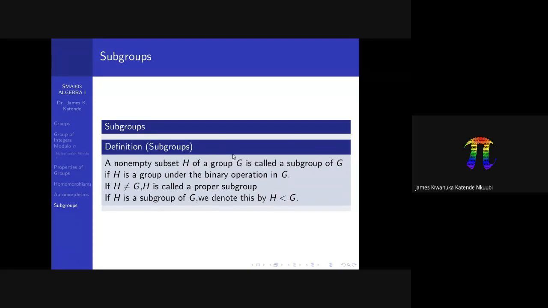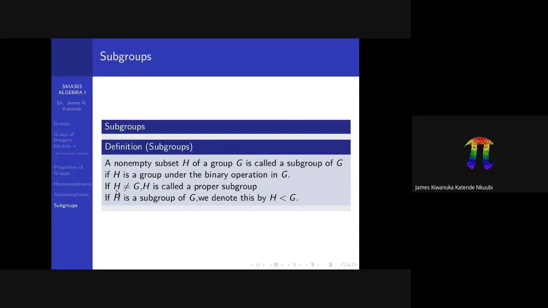If we have a group G and a non-empty subset of the group, we call it H. Then H will be a subgroup of G if H itself is a group under the same binary operation in G. So H is just a smaller group sitting inside another bigger group, but they have the same binary operation. We have seen examples of this already, and we shall list them shortly.